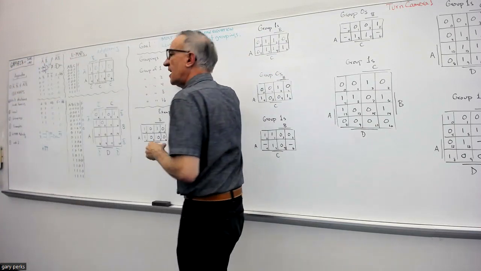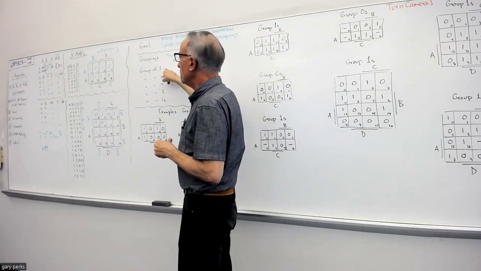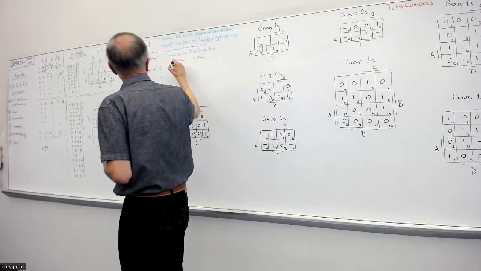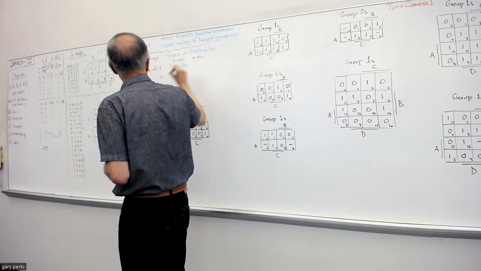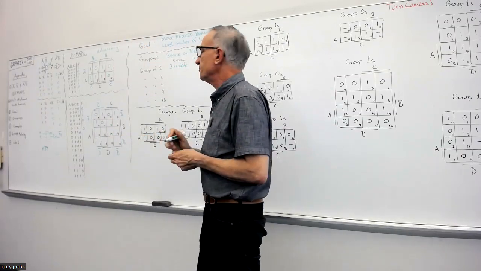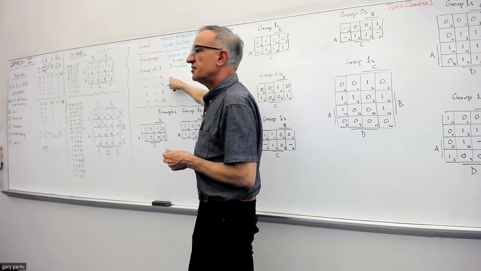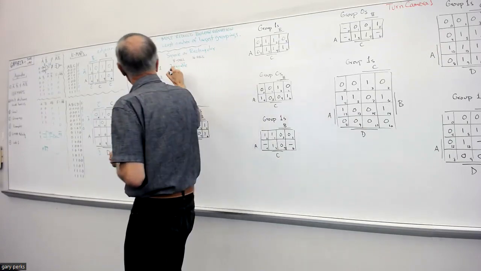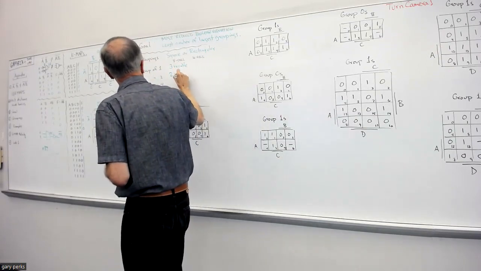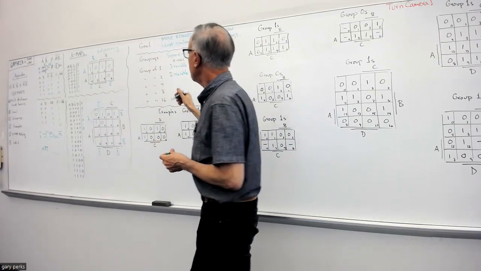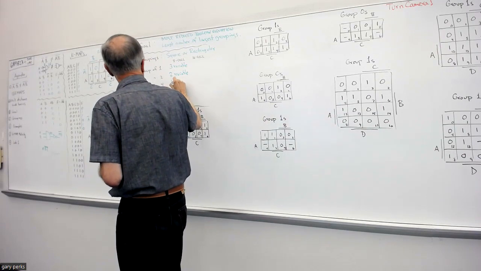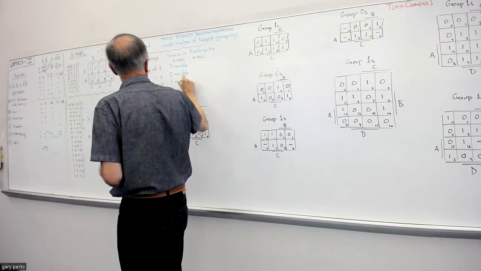Now, for an 8 cell, if you have a group of 1, that's going to give you a 3 variable term. If you have an 8 cell and you have a 2 grouping, that's going to give you a 2 variable term. A 4 grouping will give you a 1 variable term.